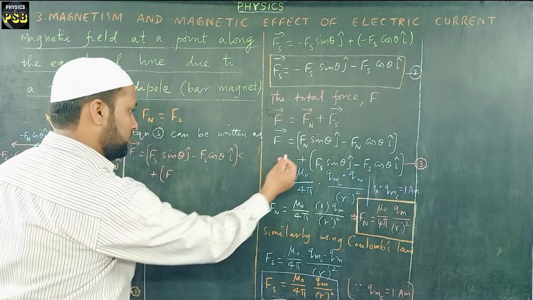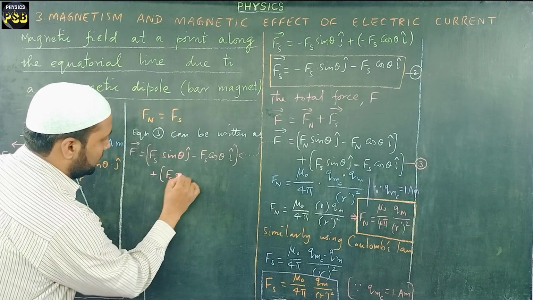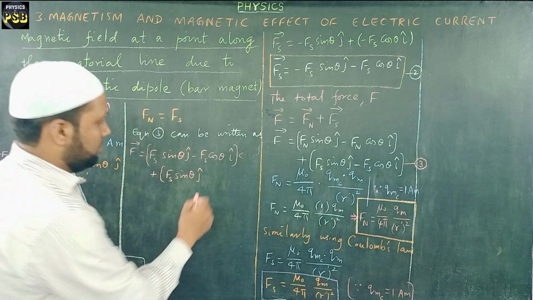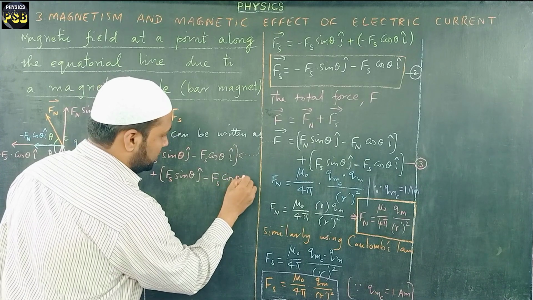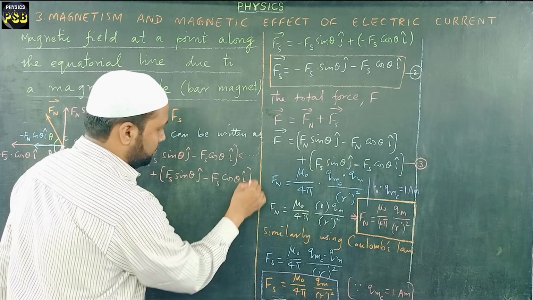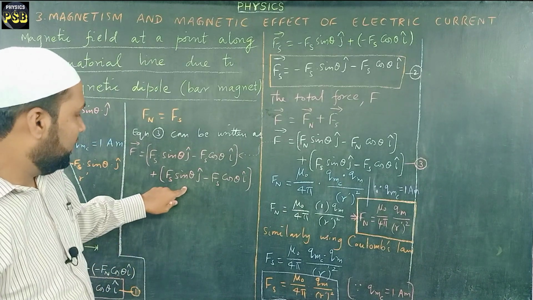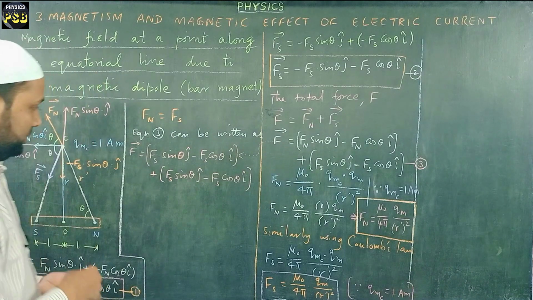Here, Fs is left as such, Fs sin theta j cap minus Fs cos theta i cap. Now this is what we get if we replace Fn with Fs in equation number 3.